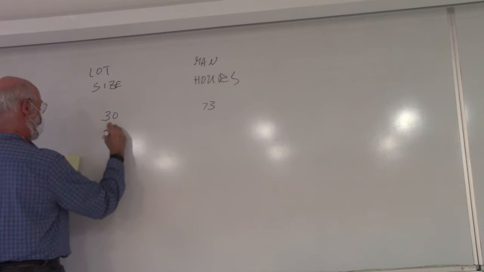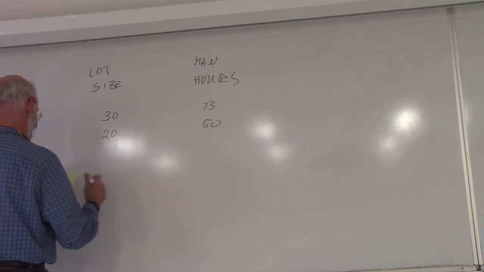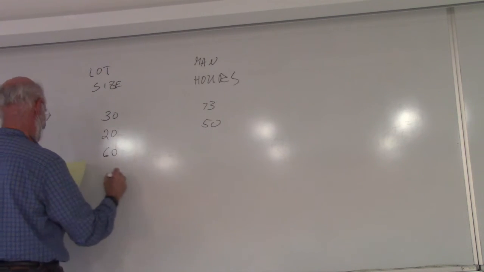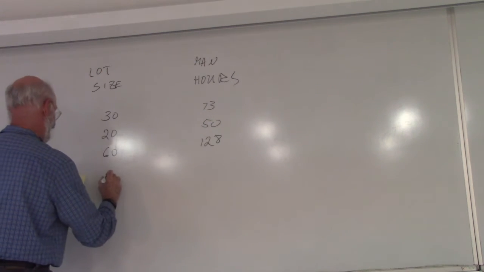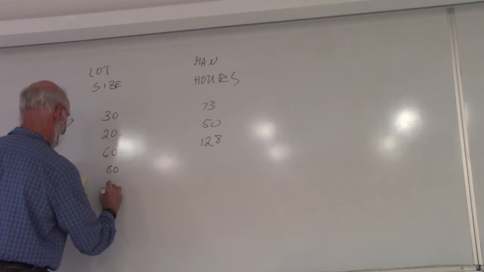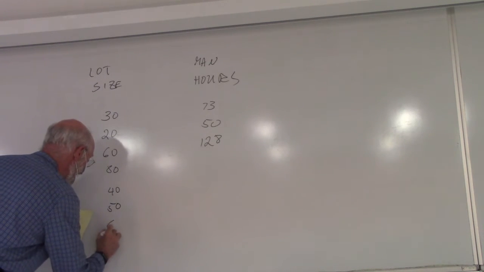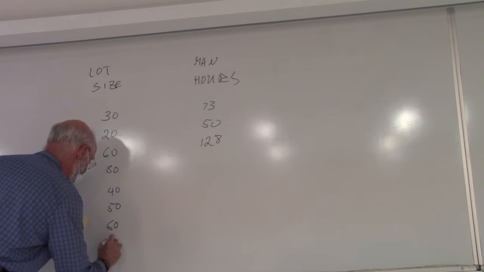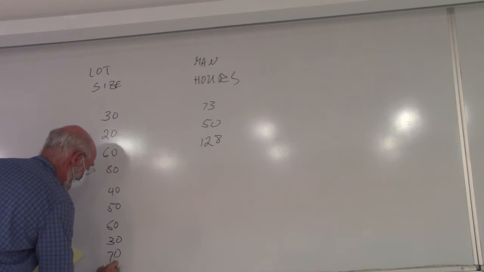Next production run is 20 units, and it takes 50 man hours. Next one is 60, and it takes 128. 80, 40, 50, 60, 30, 70, and 60.